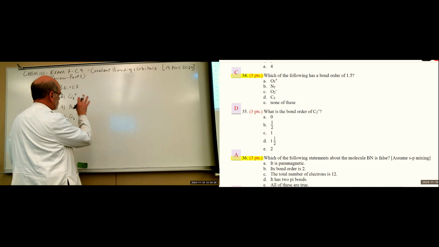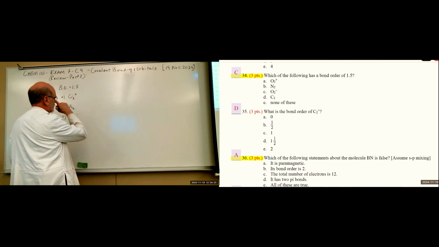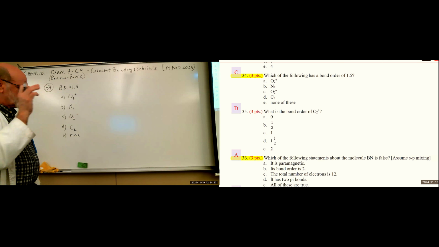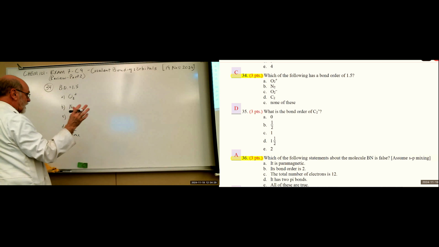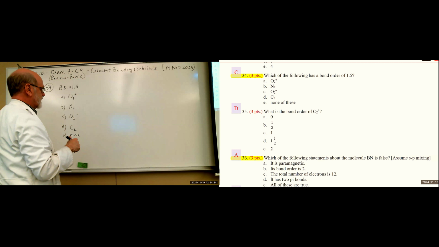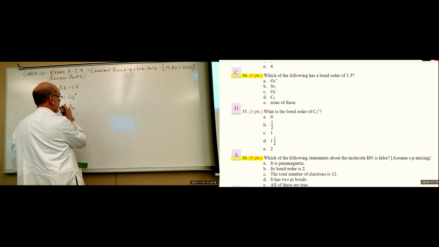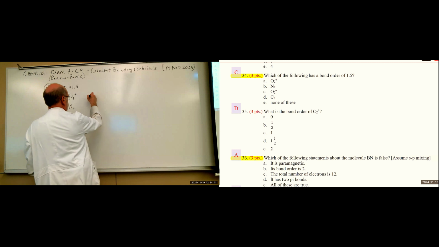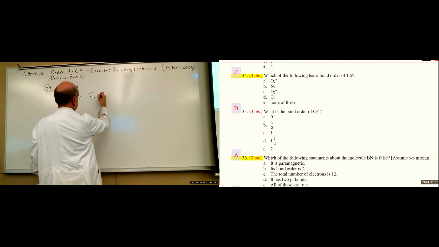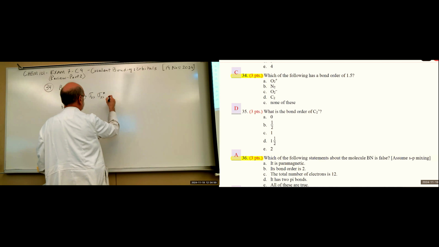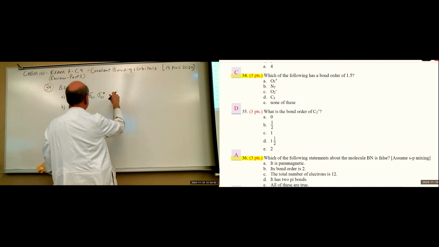So if we're looking at it, use the shorthand method. The combination of 1s orbitals into the sigma 1s, we'll just leave that out because it won't have an impact on the bond order. We'll start off with the 2s, then sigma star 2s, and then the p's.